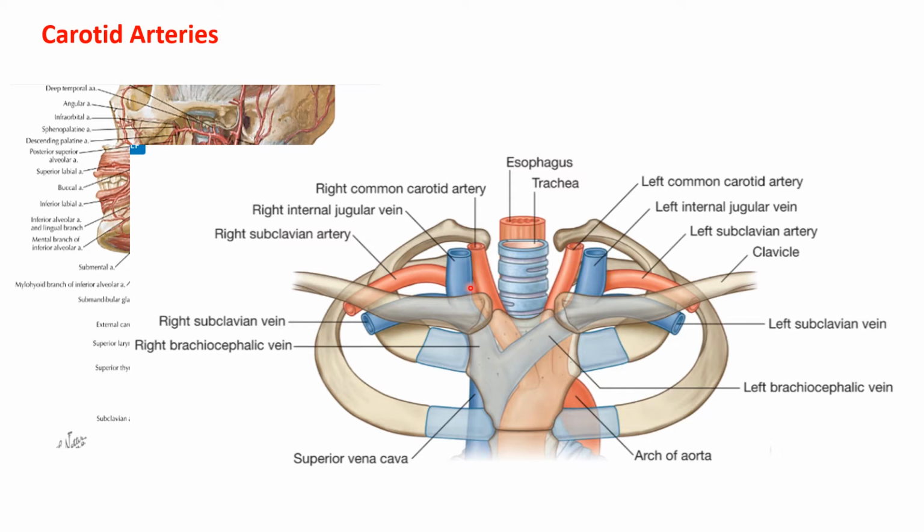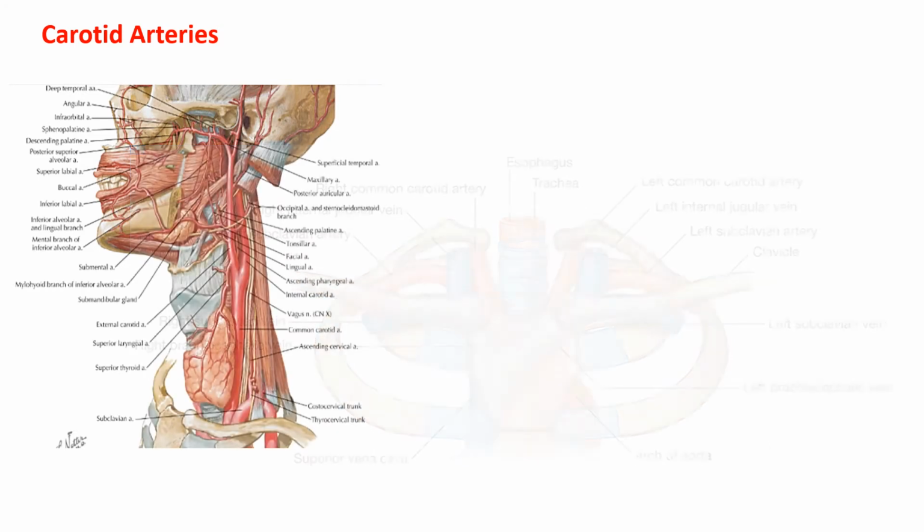Now, both the arteries, whether it be the right side or the left side, enter the carotid triangles under the cover of the sternocleidomastoid and the omohyoid. So let's start by drawing these landmarks. Let's first make our two landmarks, which would be essential for us to be able to understand the positioning of the structures which is taking place out here.